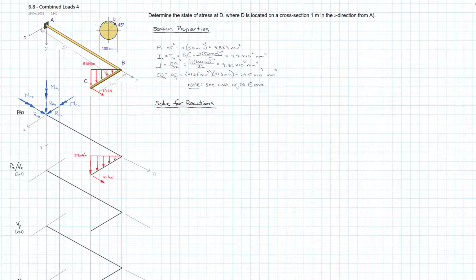Now, I'm going to do that in the global coordinate system, which is to say, the force in the Z is going to be an axial force on one component, but it's going to be a shear force on another component. And I want to do that so that we can look at how those forces, calculable in absolute coordinates, vary in how they affect the member that they're being graphed on.